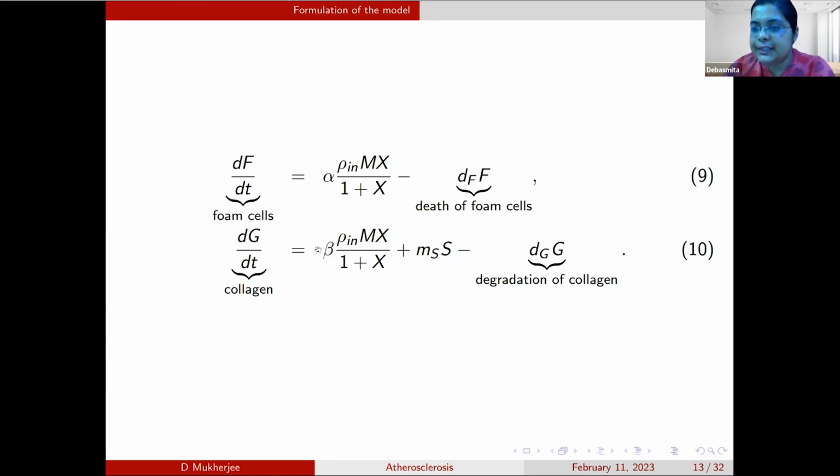So these are the fractional parts it is depicting. And here I have death of foam cells, and for the collagen part, it is the smooth muscle cells migrating from media to intima that has also been added here. And then I have degradation of collagen. So there are 10 equations in my model, and this was the model.